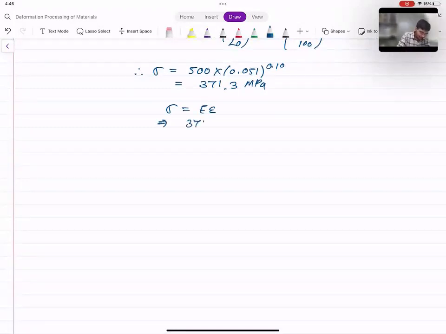This is 371.3 and this is 200. This is in megapascals and this is in gigapascals. So if we convert this also to megapascals, we will have a multiplying factor of 10 to the power 3, and this strain will be nothing but, this is E here.